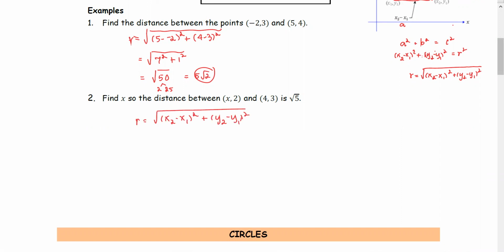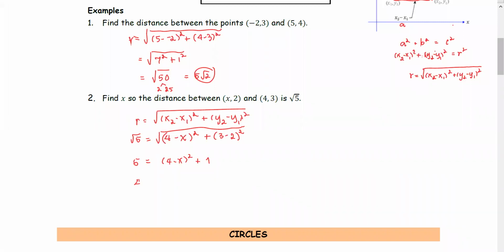And then r is square root 5 equals square root of (x2 minus x1), where x2 is 4 and x1 is x, squared, plus y2 minus y1, which is (3 minus 2) squared. Squaring both sides, we have 5 equals (4 minus x) squared plus 3 minus 2 is 1, and 1 squared is 1.